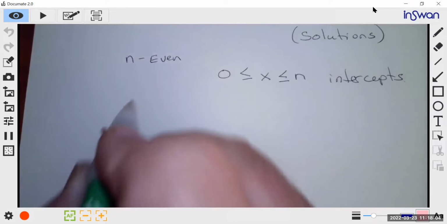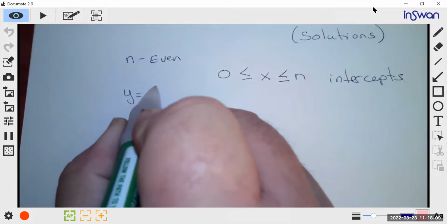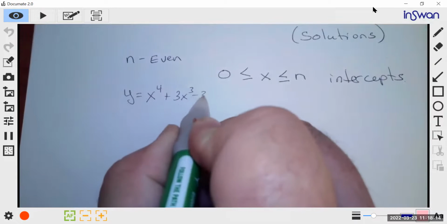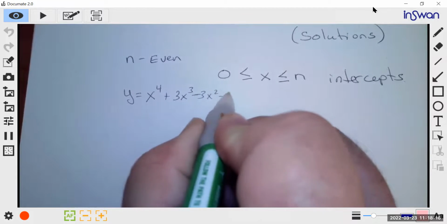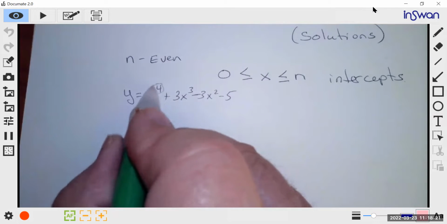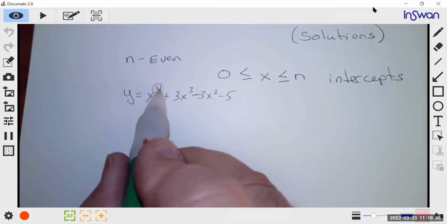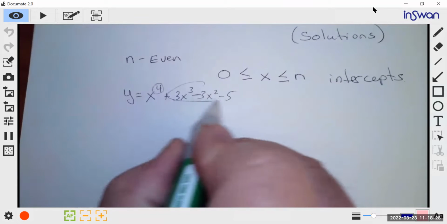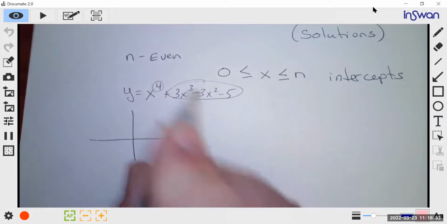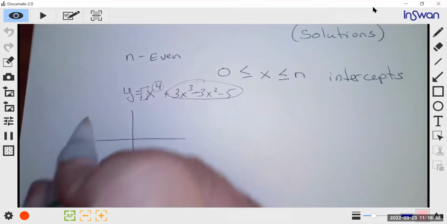Let's see what that means. Let's say our equation was, the leading coefficient is positive, the degree is even. This up here doesn't mean anything to us just yet. Remember, since it's even and the leading coefficient is positive, both ends point up.